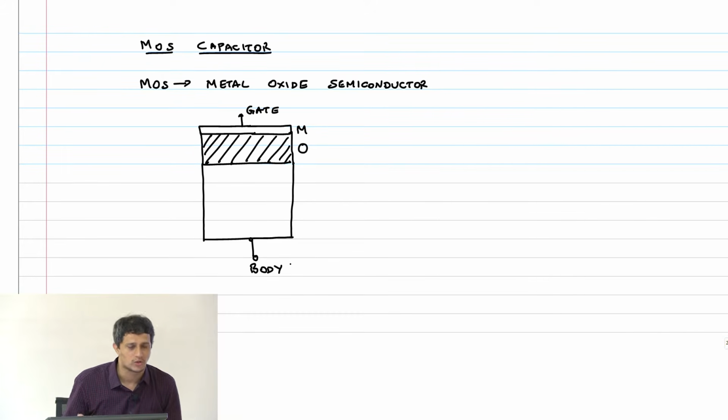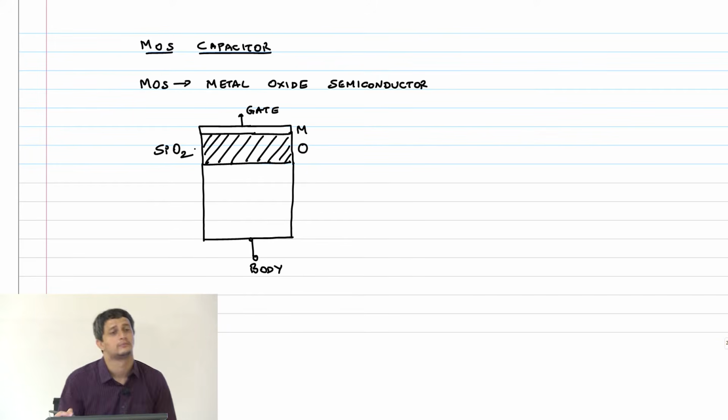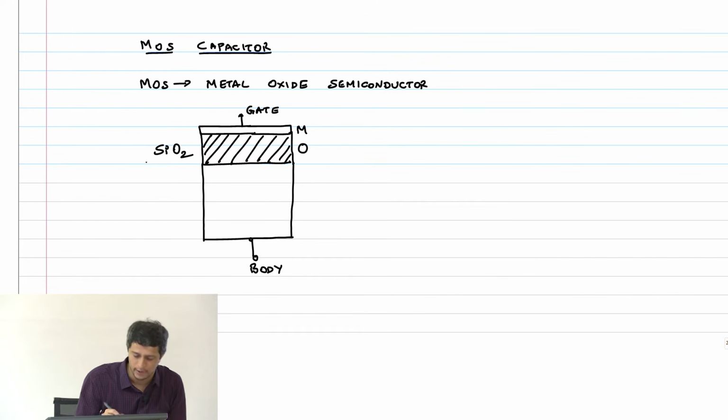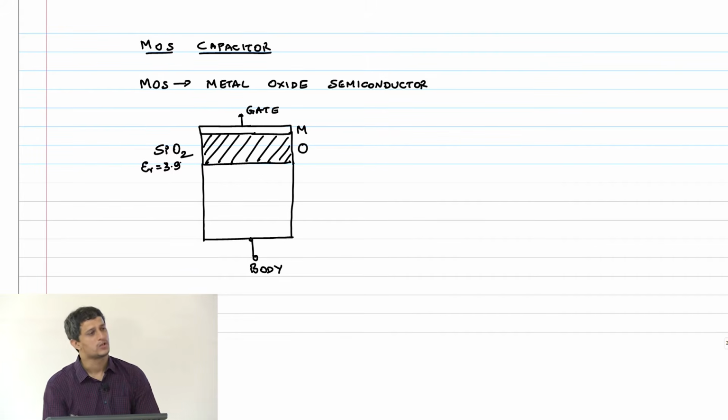So what is this oxide? It is basically silicon dioxide that has a relative permittivity epsilon r of 3.9. Okay, the advantage of silicon dioxide, like I told you last time, is that you just take a silicon substrate and you oxidize it and you get silicon dioxide.